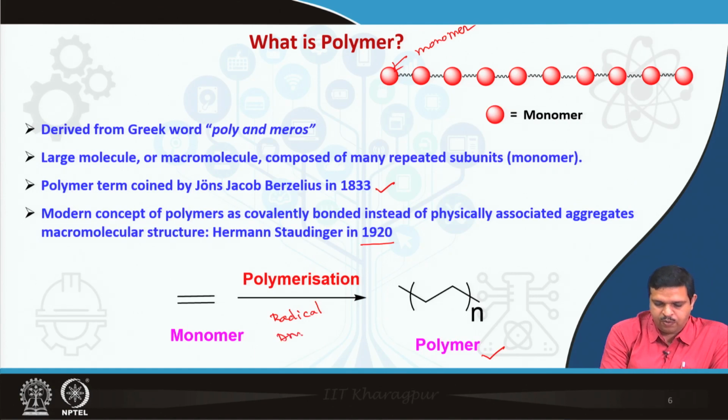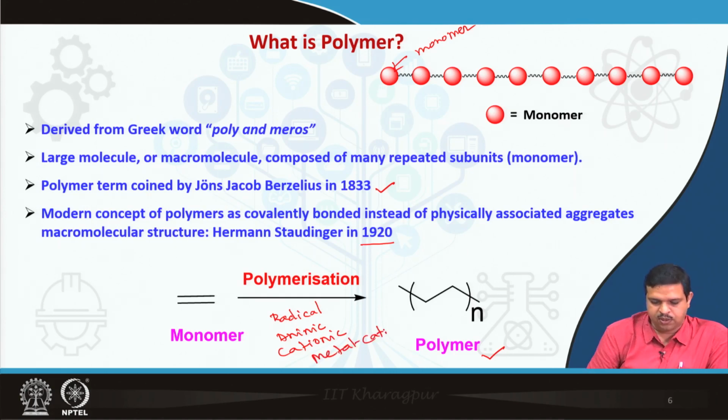There are anionic polymerization, cationic polymerization, and also metal catalyzed polymerization. And nowadays well defined radical polymerization, called controlled radical polymerization, is also available, for example nitroxide mediated radical polymerization, ATRP, and RAFT polymerization, which we will discuss in the following classes when I discuss the basic polymerization protocols.